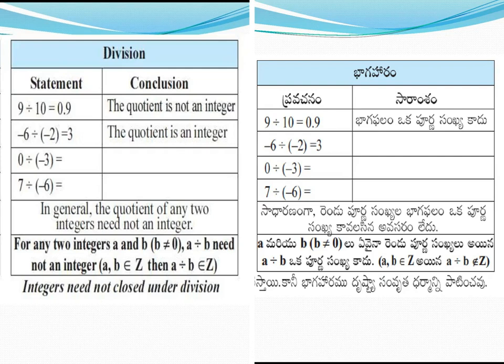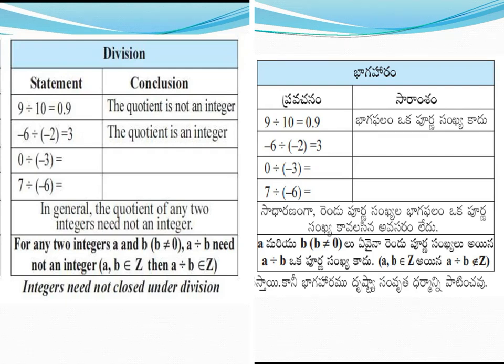But in the first example, the quotient is not an integer, and in the second example the quotient is an integer. So in general, the quotient of any two integers need not be an integer.